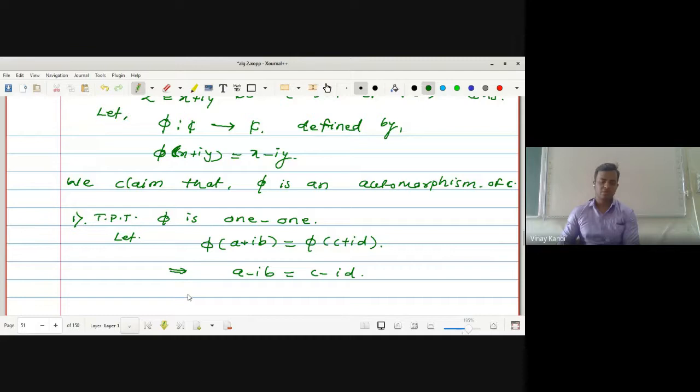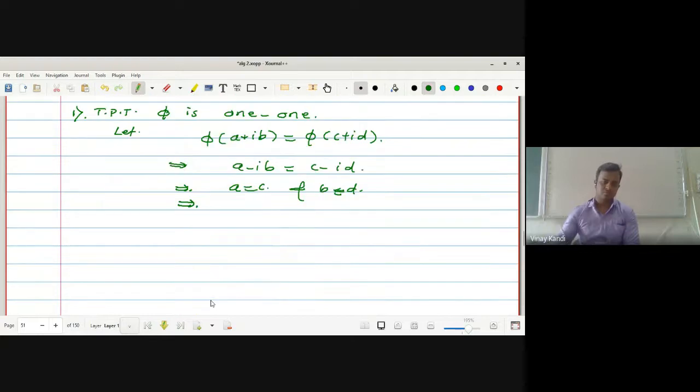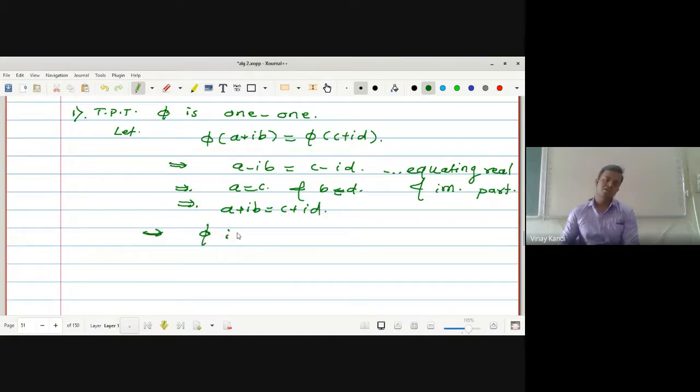By the equality of two complex numbers, what we get? a is equal to c and b is equal to d. हे दोन नंबर इक्वल आहेत म्हणजे एक तर a इक्वल टू c हवा and b is equal to d. Equating the real and imaginary parts, this implies a plus ib is equal to c plus id. So phi is 1 1. Any doubts?